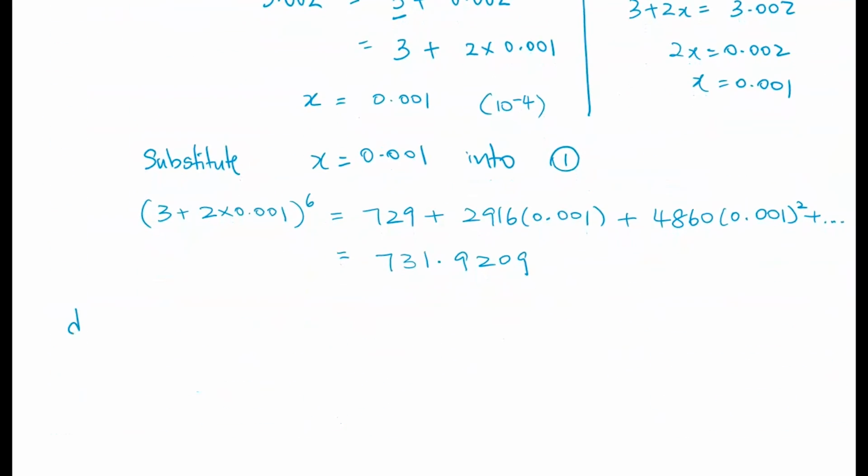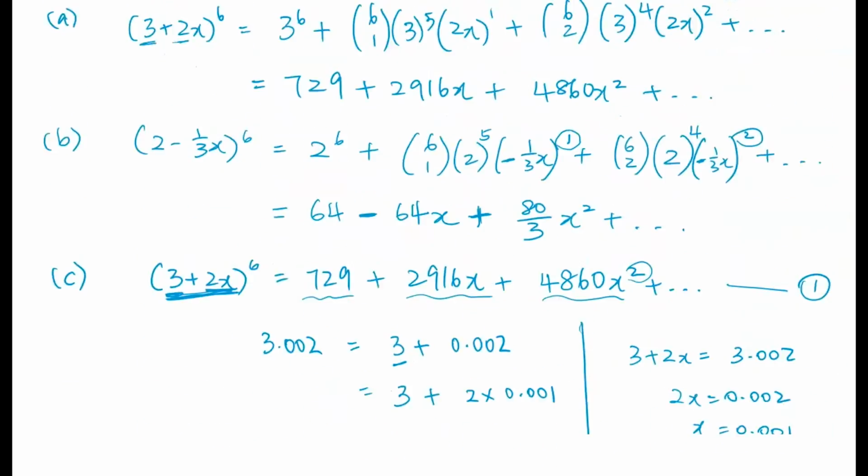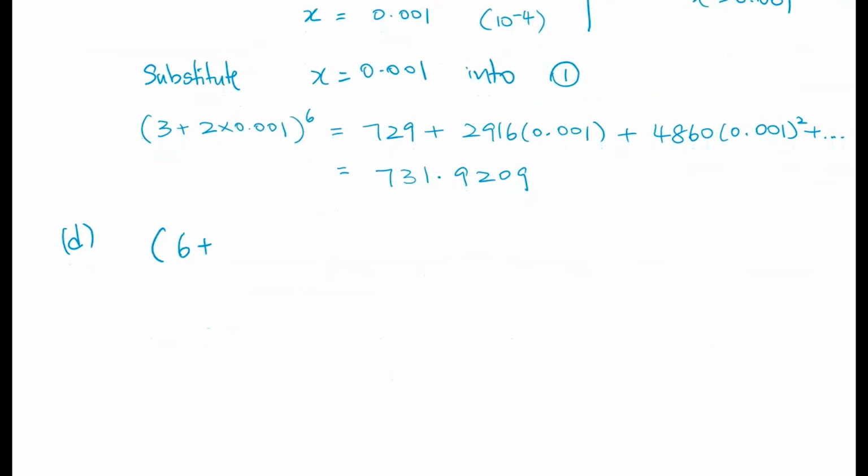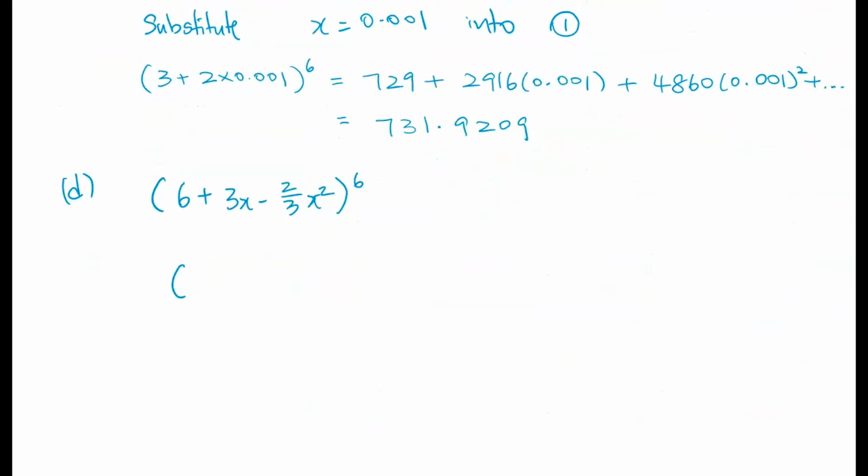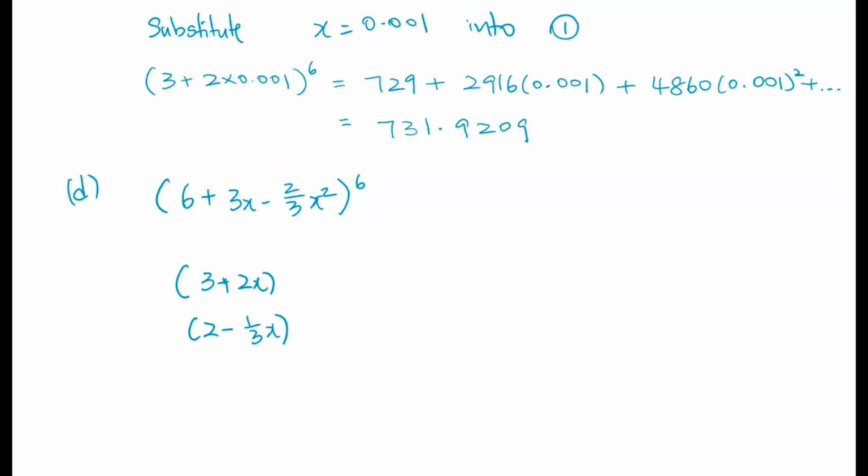Part D, so we want to expand 6 plus 3x minus 2 thirds x squared. But part A, we have 3 plus 2x, and we have 2 minus 1 third x. If I multiply these two, 3 plus 2x and 2 minus 1 third x, let me put a power 6 and a power 6.